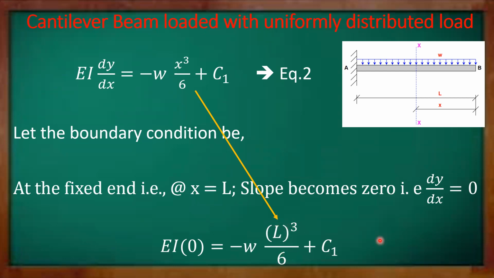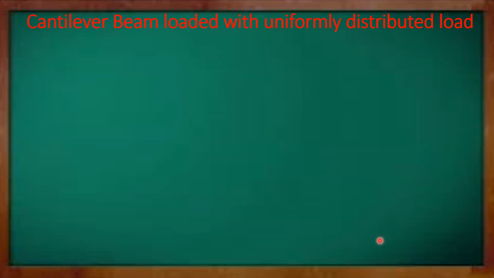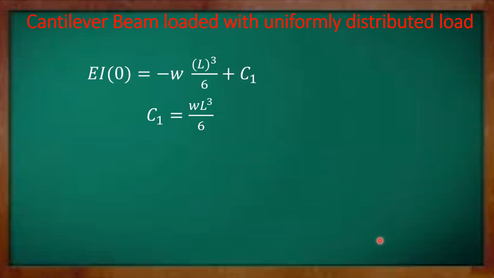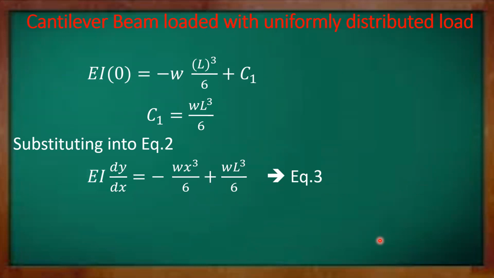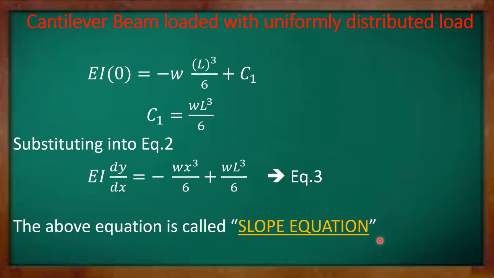After substituting the boundary condition and simplifying, we get the value of the constant C1 as w L cube over 6. So we substitute this constant back in our equation 2. We get the slope equation, which is EI dy by dx equal to minus w x cube by 6 plus w L cube by 6. Let this be our equation number 3, which is called the slope equation.